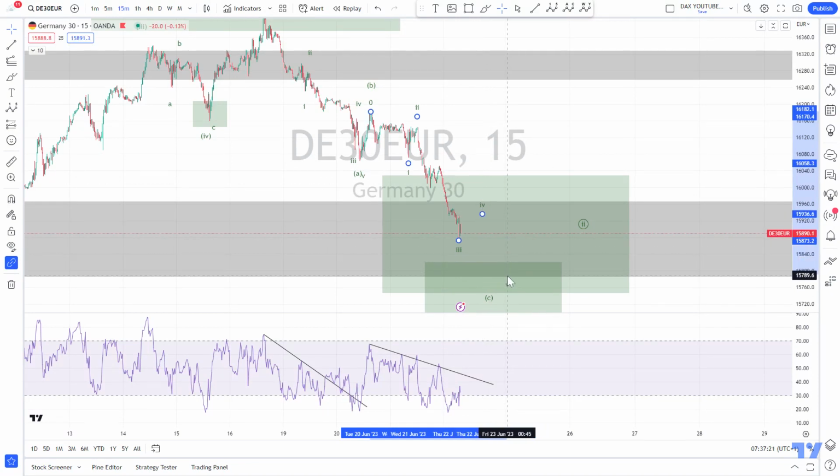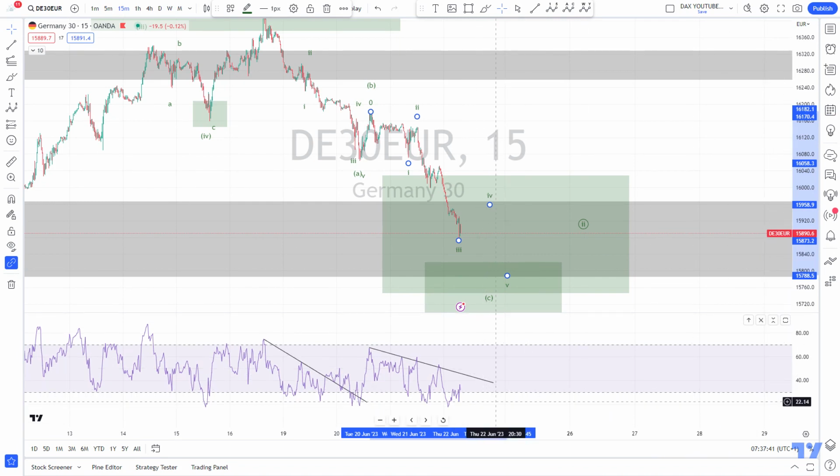So what I would like to see today in order to go long is on the 15-minute we have some kind of push up. We break this at a side trend line to the upside, and we go down again as a wave 5, and we end somewhere here with divergence compared to our wave 3. And actually, if you look good, it might be that we really reach this area.